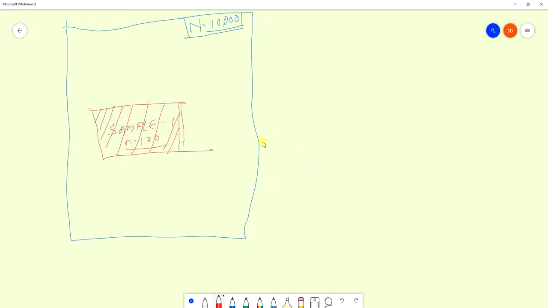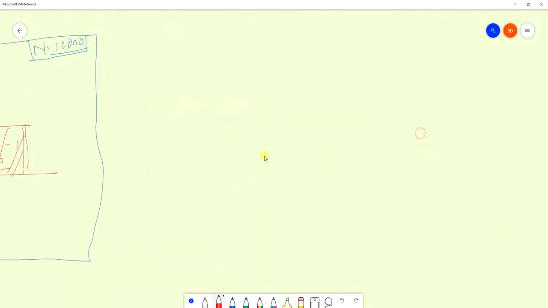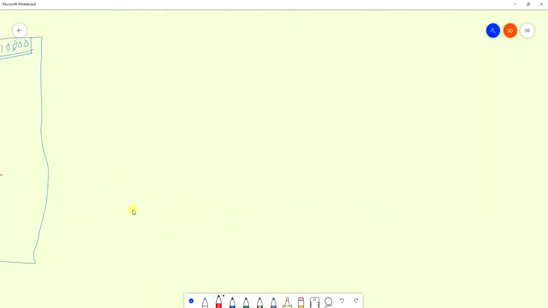Now, in Lean Six Sigma, as you might already know, the one thing Lean Six Sigma fundamentally works on is a normal data set, right? And what is a normal data set? So if we plot the probability graph for a normal data set, it will go like this, right?